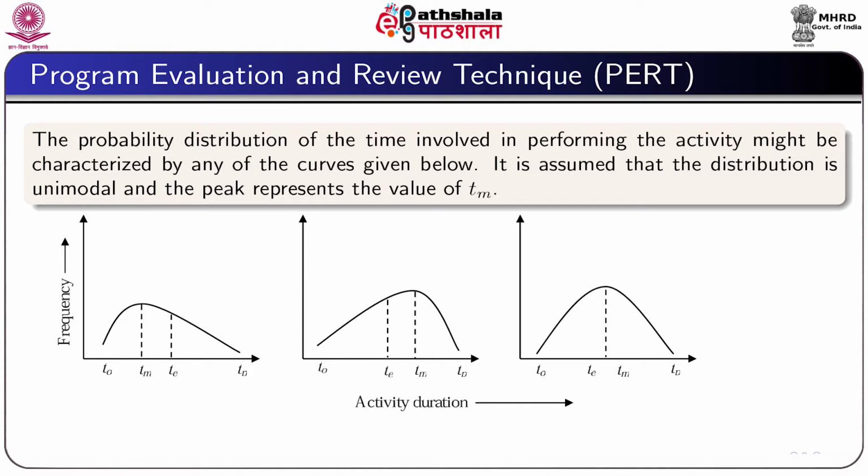There is very little chance that the activity can be completed before the optimistic time To or after the pessimistic time Tp. Naturally, the point Tm is free to move between these 2 points To and Tp.